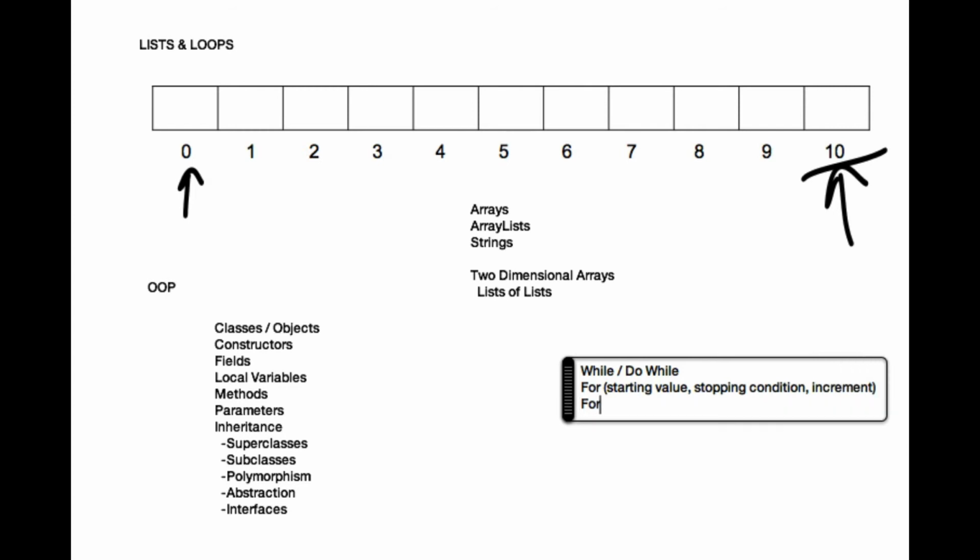And you have the for each loop, which is used for an easy way to process through all the elements of an array list, or an array, or a string. So those are the three looping structures you have available to you.